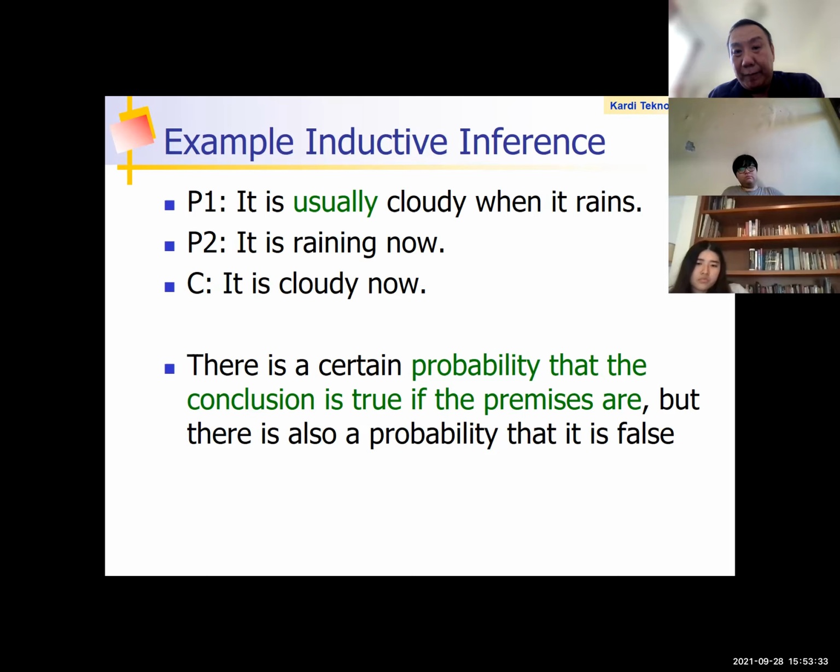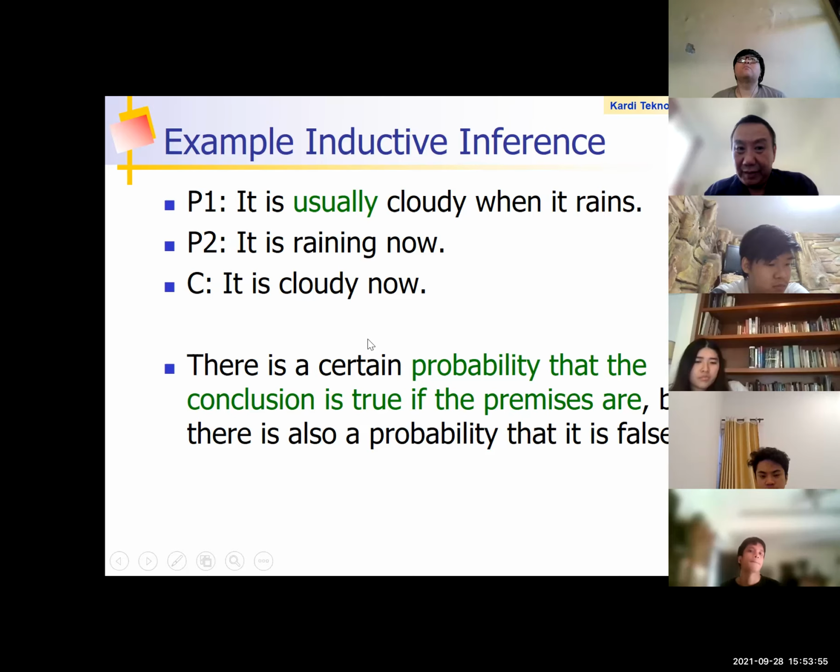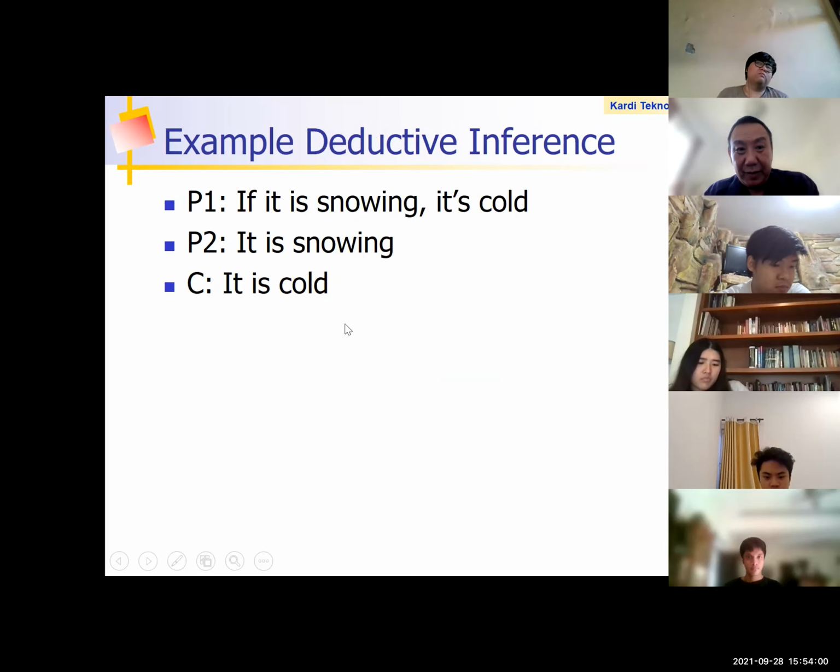Okay. So you can see that there is a certain probability that the conclusion is true if the premises are. But there is also a probability that it is false, right? Any question? It's clear, because there is usually there.